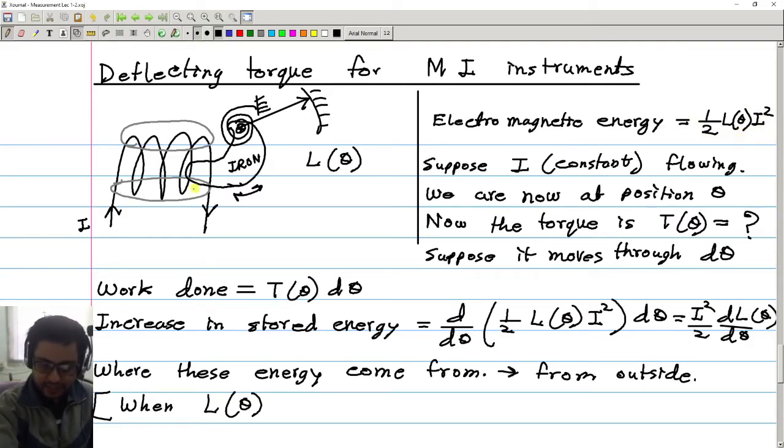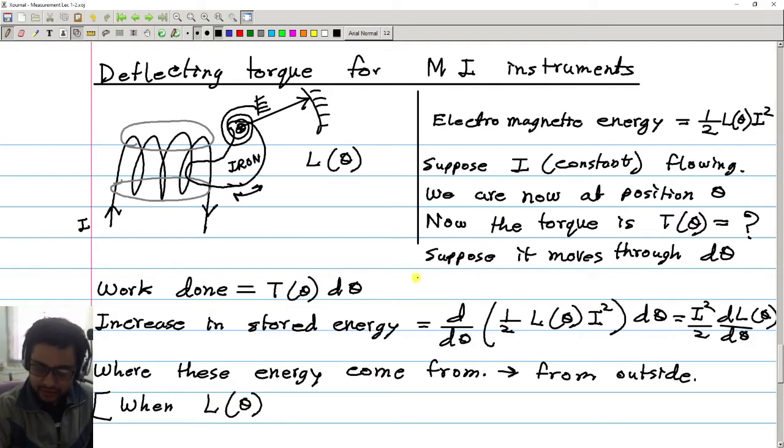In this inductor, L is a function of the position of this iron piece, that is our theta. Now suppose some constant current is flowing, and at some moment we are in position theta. What is the torque at this angular position theta?